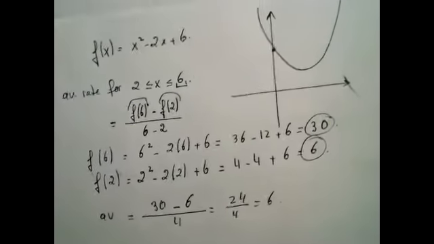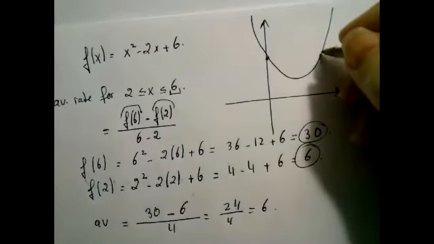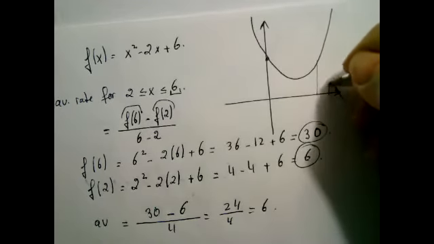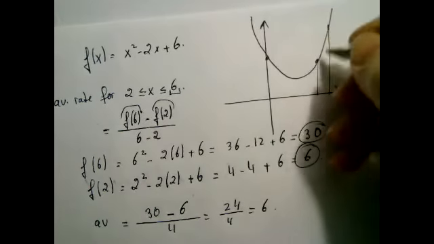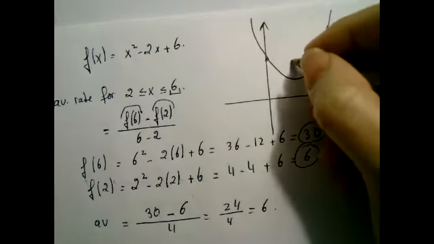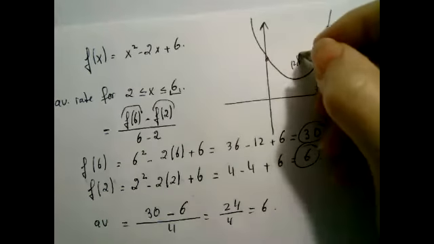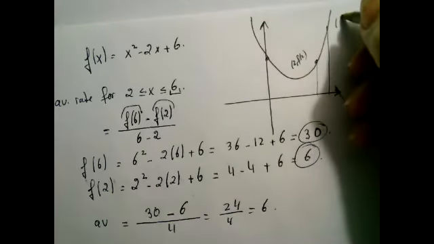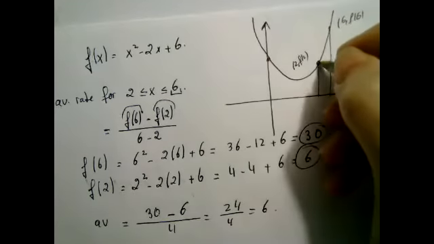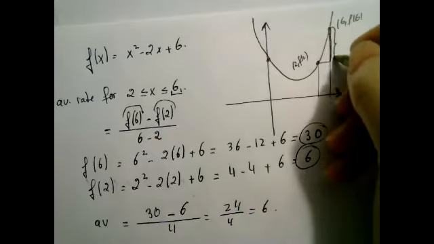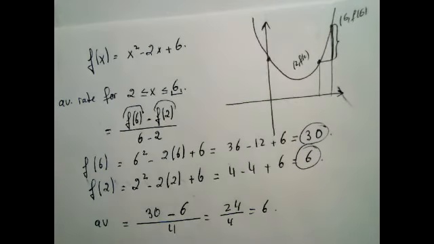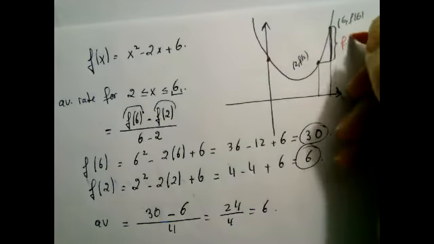Okay, so it's not really here. I mean, this is not a line, so I cannot tell you the slope of the curve. So this is the point that I say is 2, f of 2, and this is 6, f of 6. And what I computed is the following: the difference, how much the output changed. This is f of 6 minus f of 2.